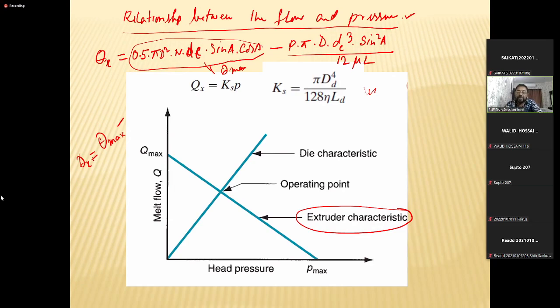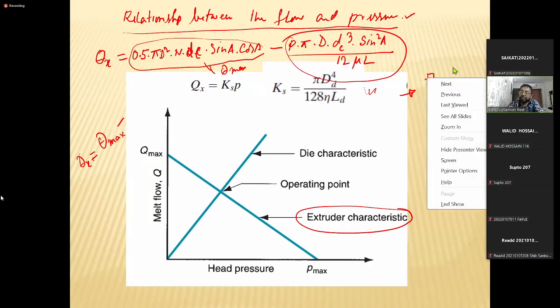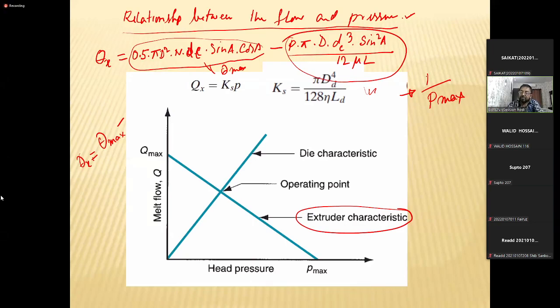If we write it in another way, it will be P by P maximum. Yes, P by P maximum, it will give us P by 1 into Q maximum.